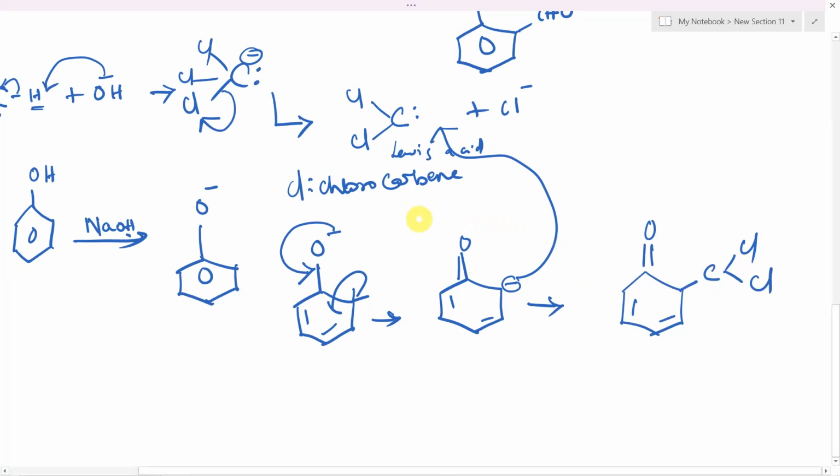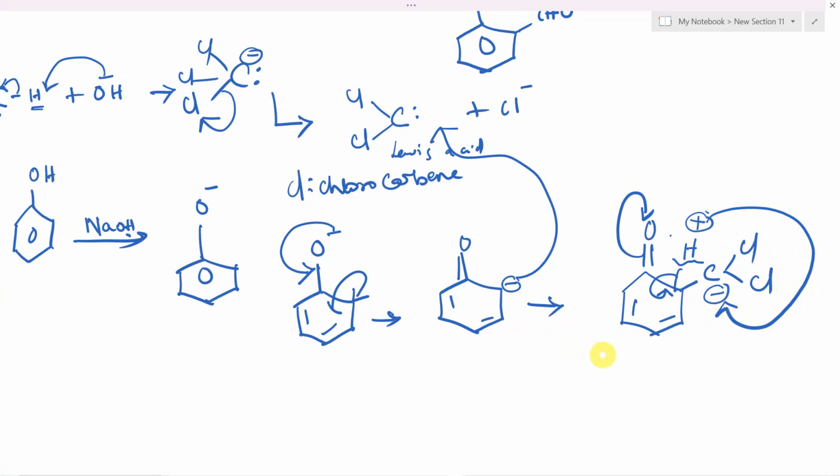Here the carbon has accepted a pair of electrons, so it acquires a negative charge. And there will be a proton on this benzene ring in this place. So the proton will donate a pair of electrons to the benzene ring, and meanwhile the oxygen will take its electron away. This proton is released as H plus ion, which goes and attaches to the negative charge of the carbon. Like this.